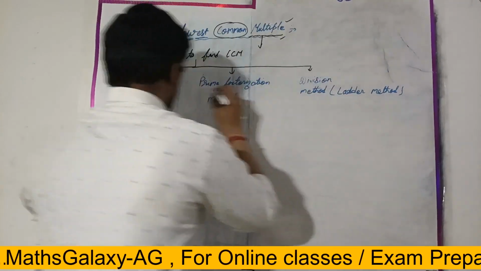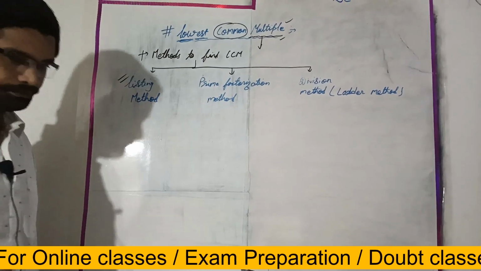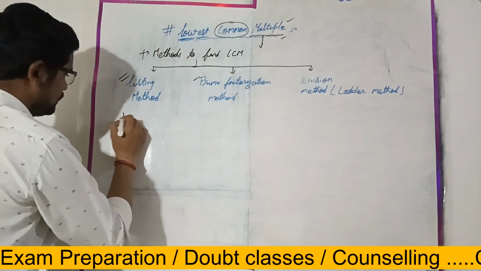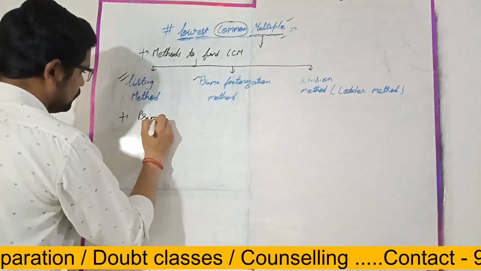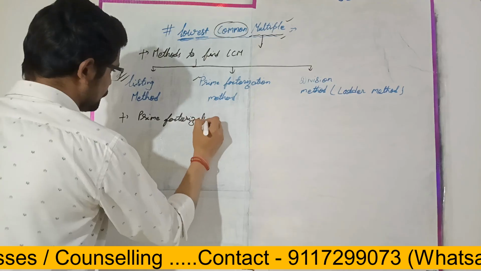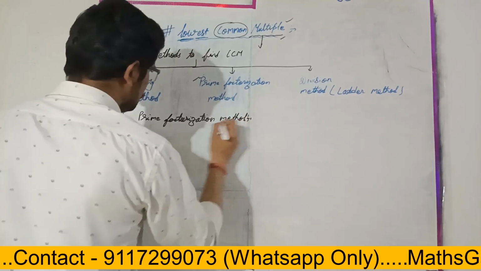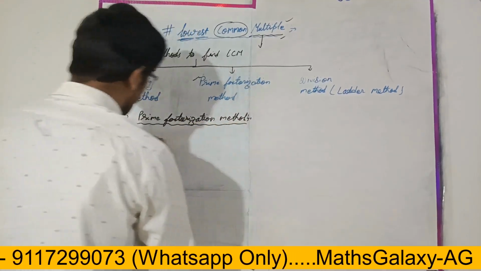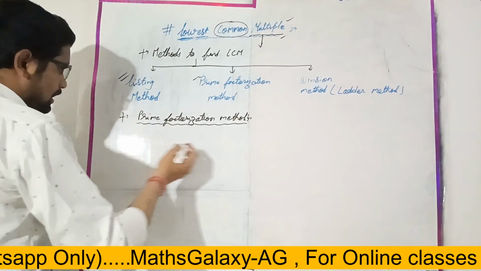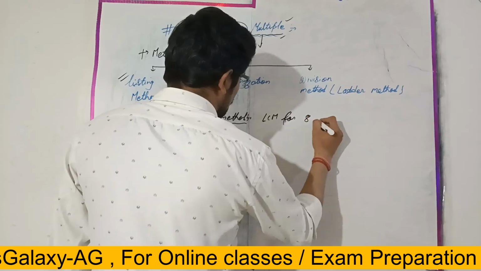The listing method we have already done just now. Now we will see prime factorization. Take the same question, LCM for 8 and 12.